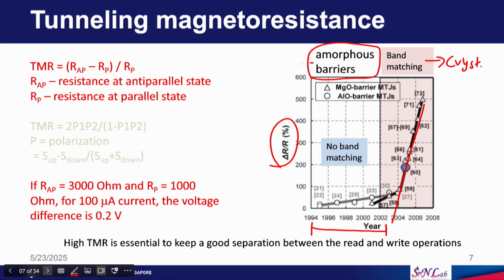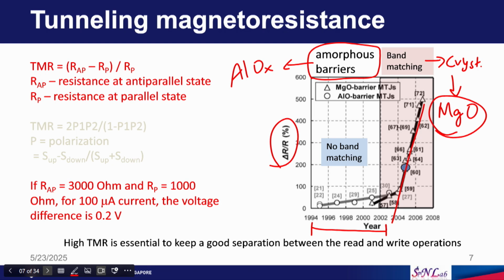Here it is aluminum oxide. Here, when it comes to this point, it is a magnesium oxide barrier. So, a theoretical proposal of magnesium oxide led to a larger TMR in the later part.